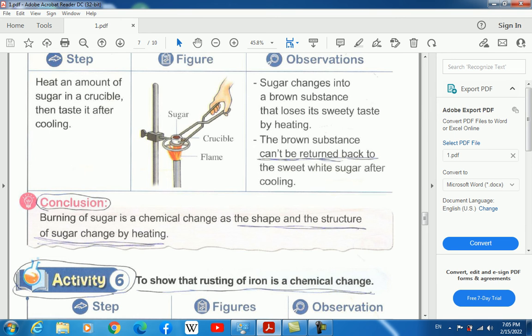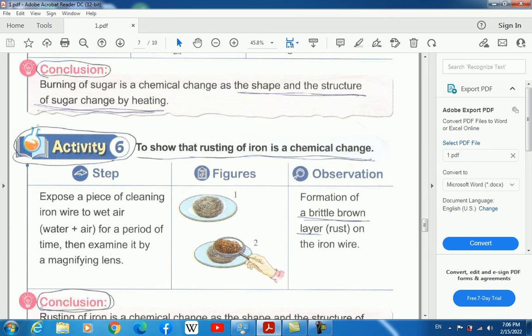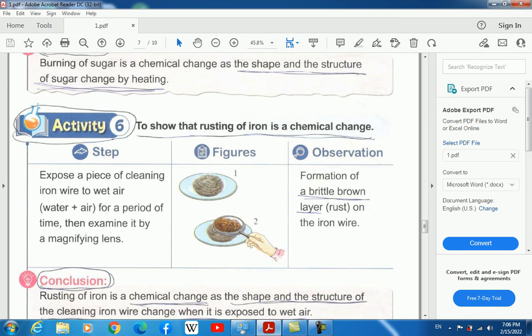The brown substance cannot be returned back to the sweet white sugar after cooling. This will never happen, because it changed. And why does this happen? This is due to the conclusion that burning of sugar is a chemical change, as the shape and the structure of sugar change by heating.